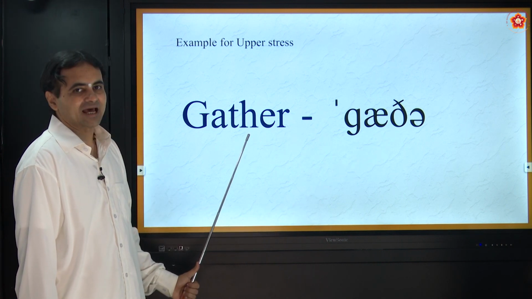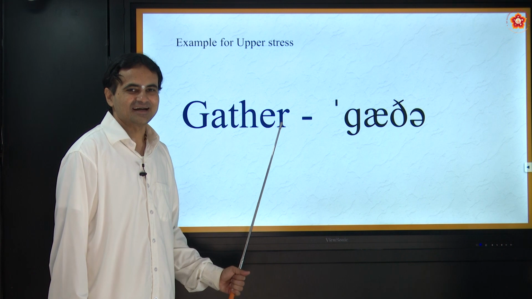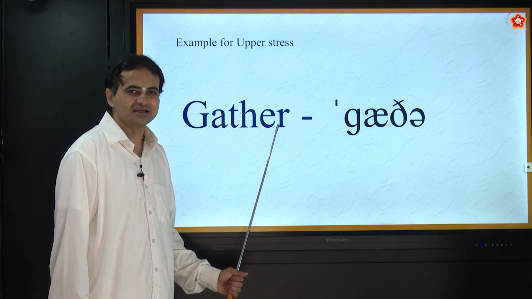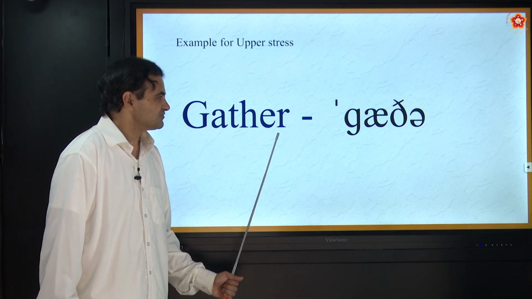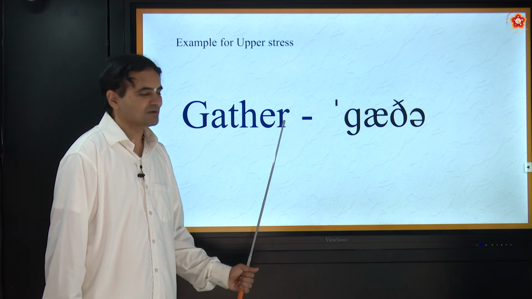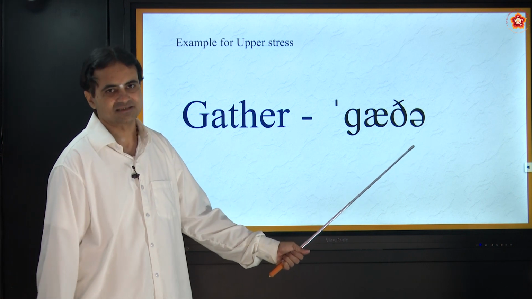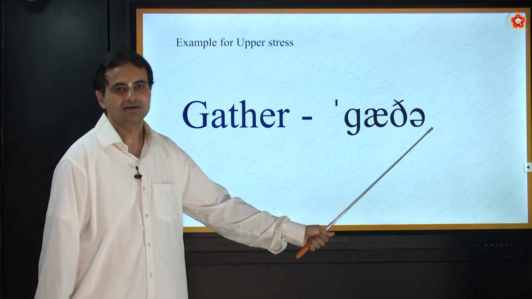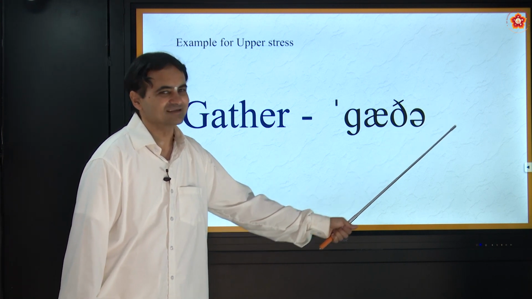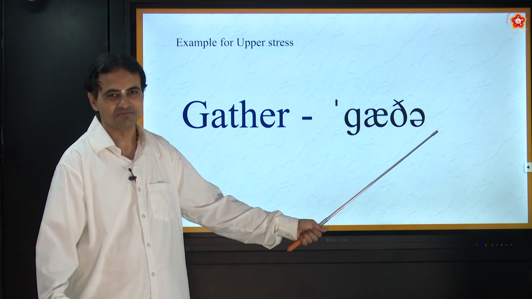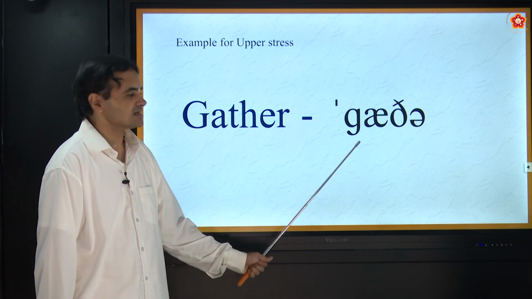Unlike here, we Indians love to pronounce every letter, and that most often removes the musical beauty of the pronunciations. We all say gather, but we need not pronounce R. It's not wrong. Nowadays it is accepted even in dictionaries. They put it in brackets because they are also tired of correcting us. That means it is optional. If you want, you can pronounce R. It's up to you. So this is gather.